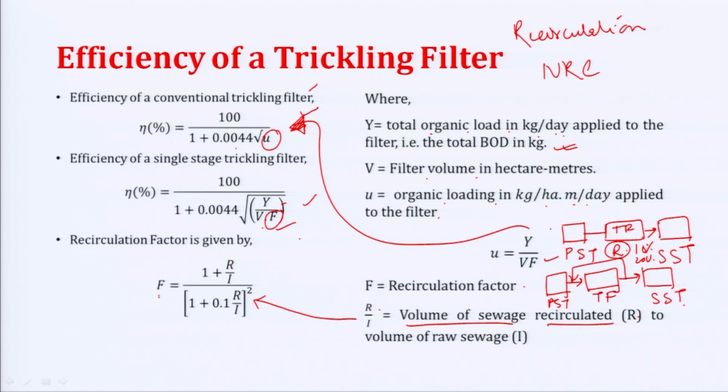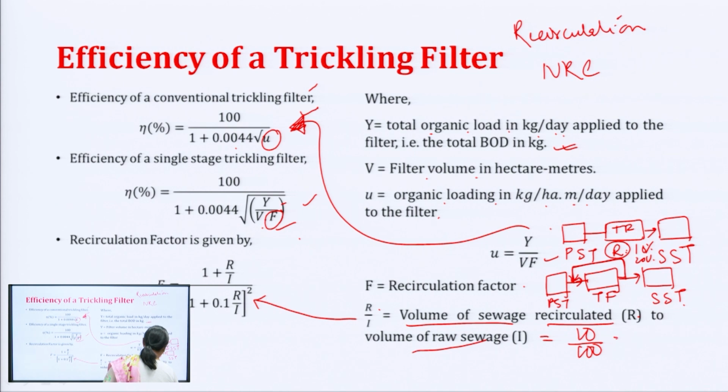A percentage of the effluent coming from the trickling filter is sent back to the inlet of the trickling filter, and it goes through again. This is relative to the volume of the raw sewage. So if R is 10%, this factor will be 10 divided by 100, which is 0.1.